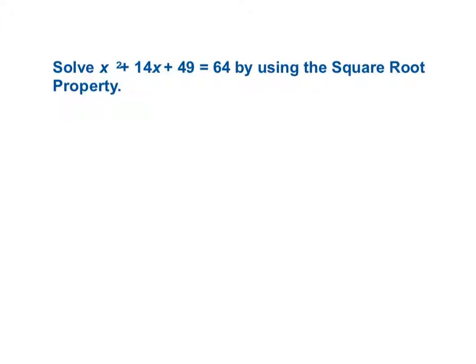Okay, so I'm going to solve this equation by using the square root property, and I'm going to add another step. So the first thing I want to do is I want to factor this. And I look, and x squared is a perfect square, and 49 is a perfect square. So this is actually going to factor nicely into a perfect square.